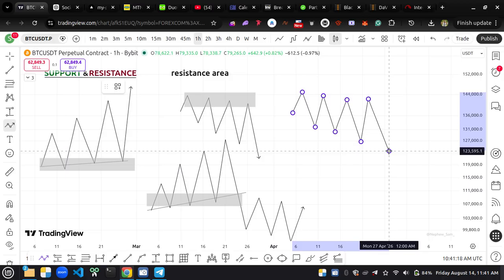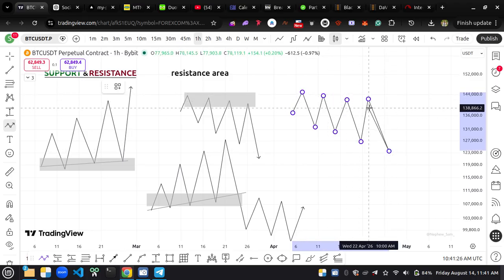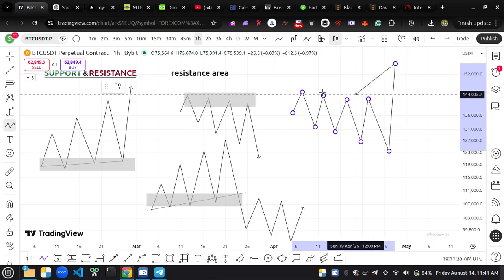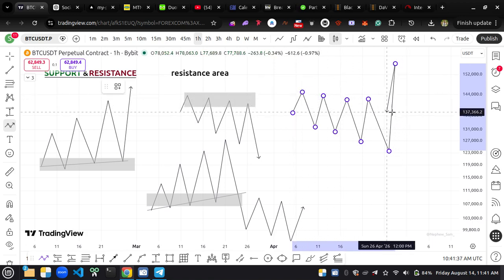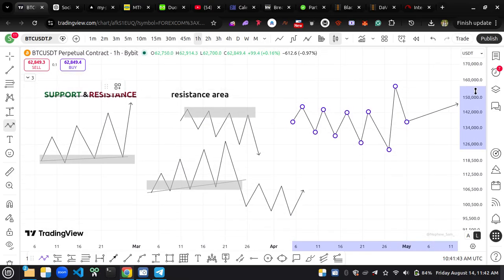Many times when the market is about to change structure, some people call it a CHoCH, it comes back to this area, and instead of giving you the same reaction, it breaks out. Once it breaks out like this, many times the market comes back to this resistance area and uses it as a support level to push to the upside.